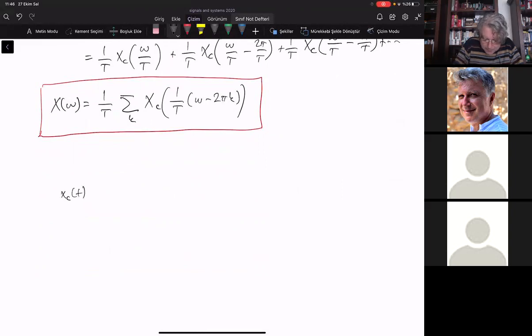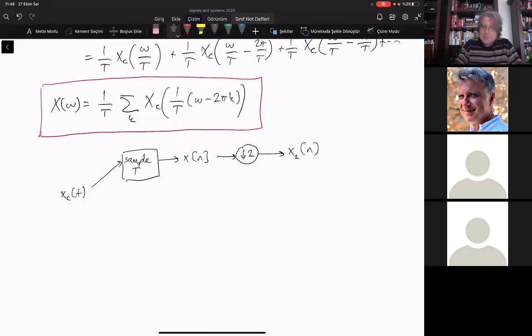And then you sample with capital T and come up with x of n, okay, signal, like this, like the things that we did. And then you apply the so-called downsampling to, let's indicate as x sub 2 of n.